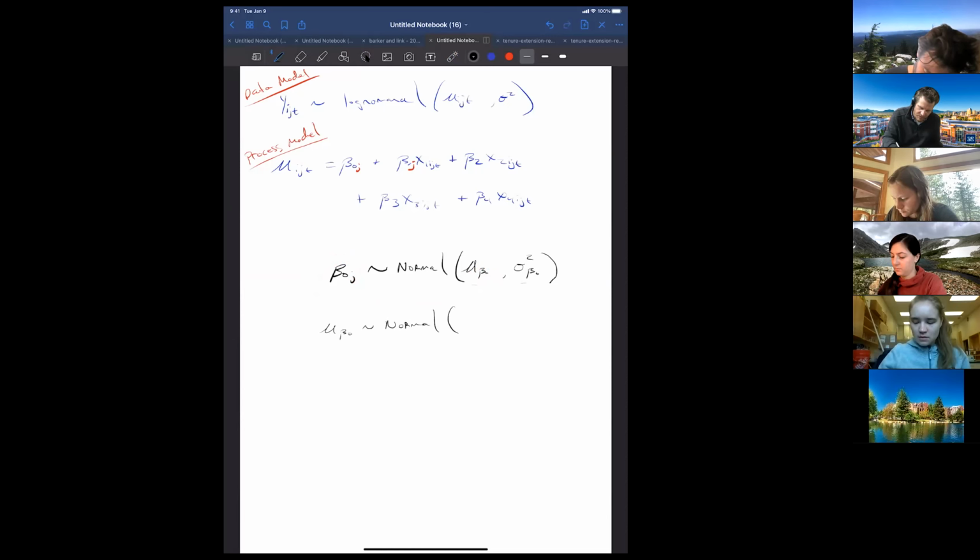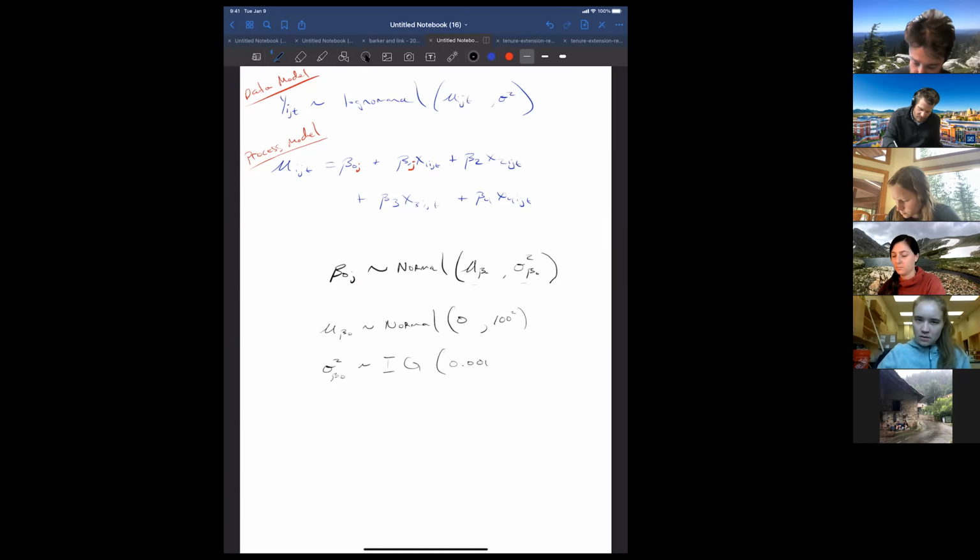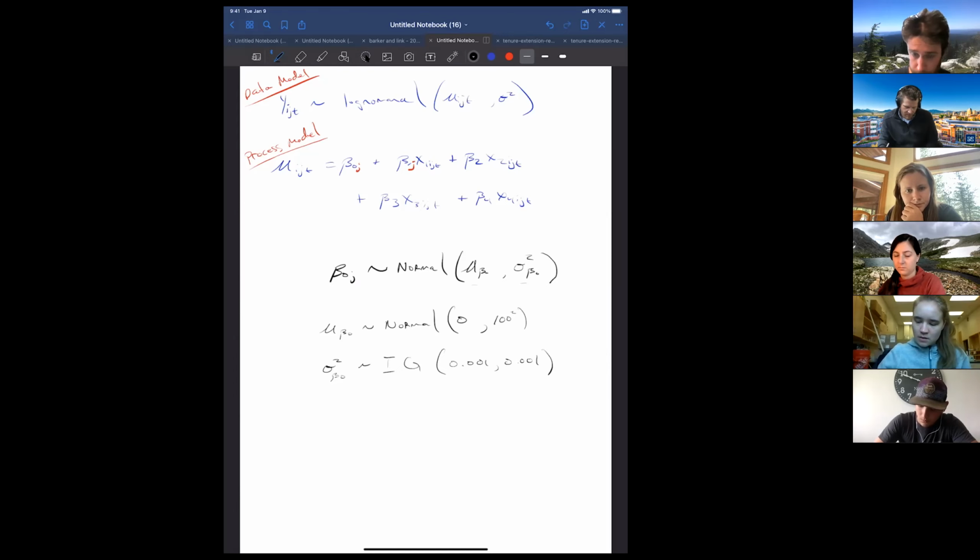And then we had some hyperparameters for this. And then we had sigma squared beta 0, with a distribution with hyperparameters for this. And that's where we were.